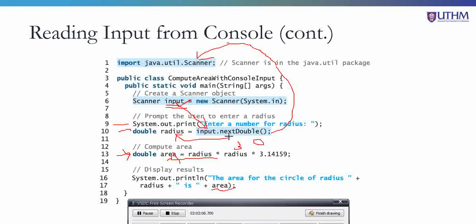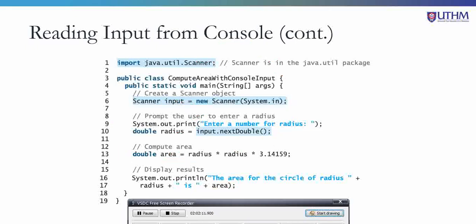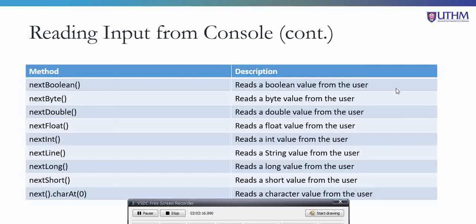Okay, apart from next double, we have plenty of next methods, specifically for reading data types. If the data type the user keys in is boolean, we use nextBoolean.